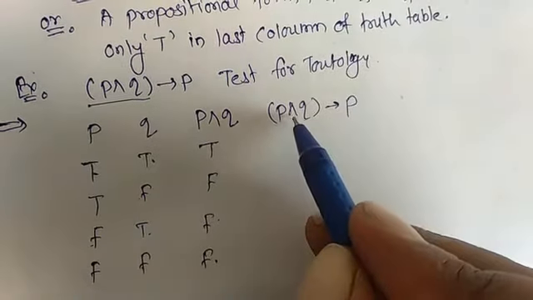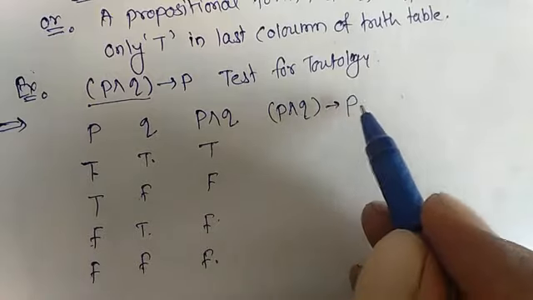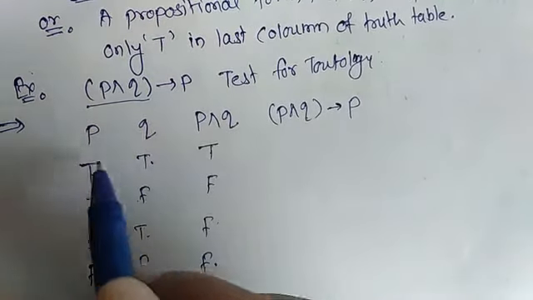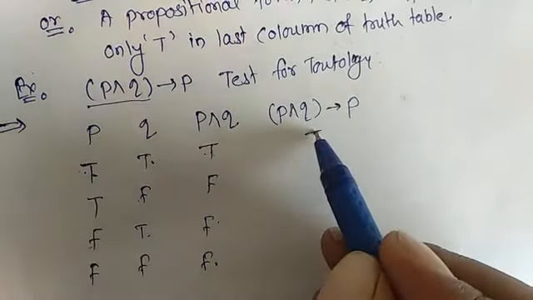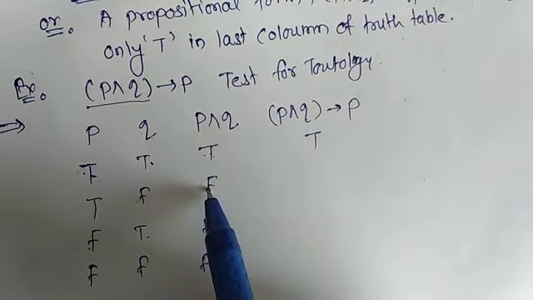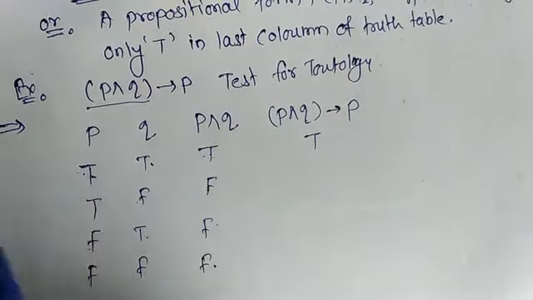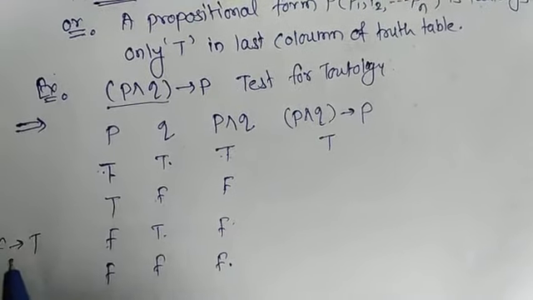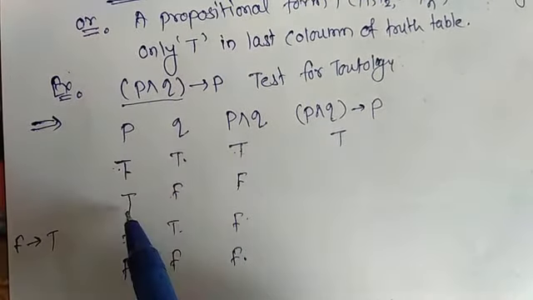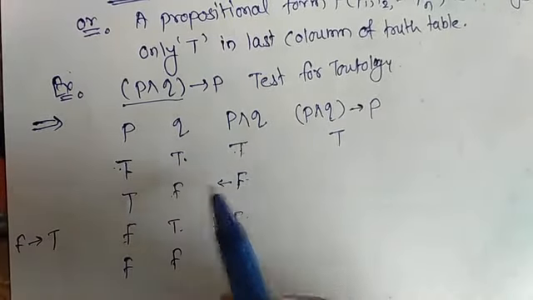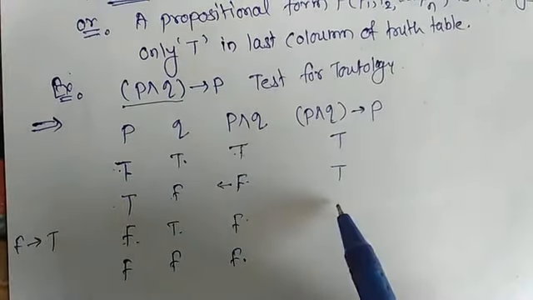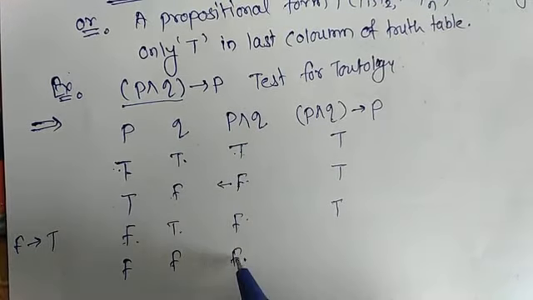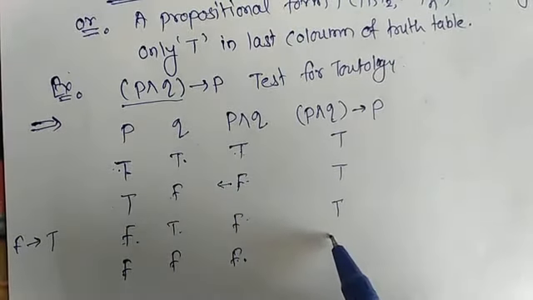Now we have P and Q implies P. True implies true is true. False implies true is true. Next, false implies false is true, and for the last, false implies false is also true.